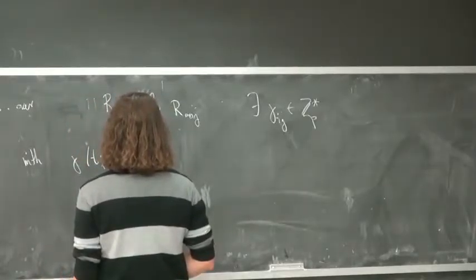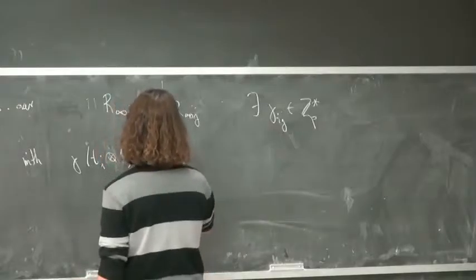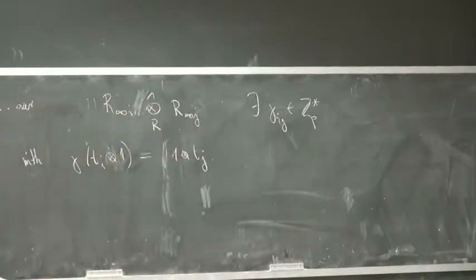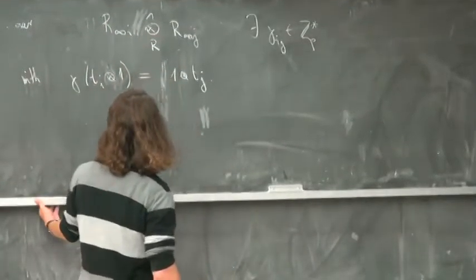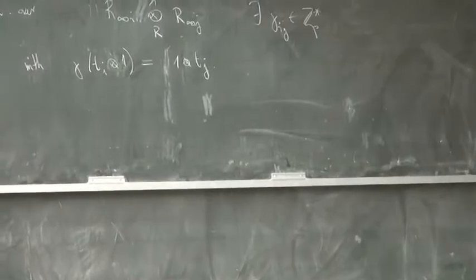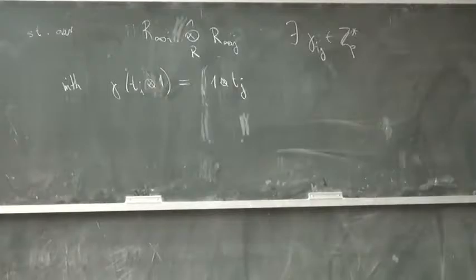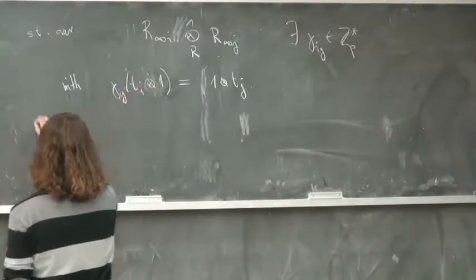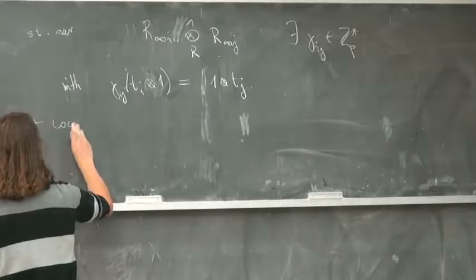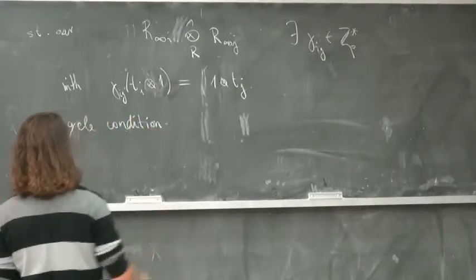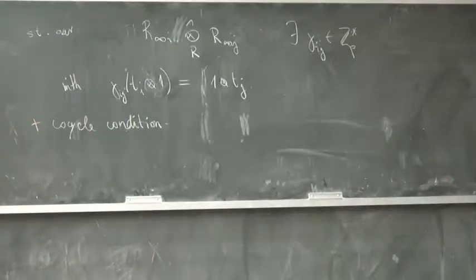Am I getting this right? Yes. This one tensor T_j, gamma_ij, plus a cocycle condition. And gamma_ij knows how to operate on T_i, sure.